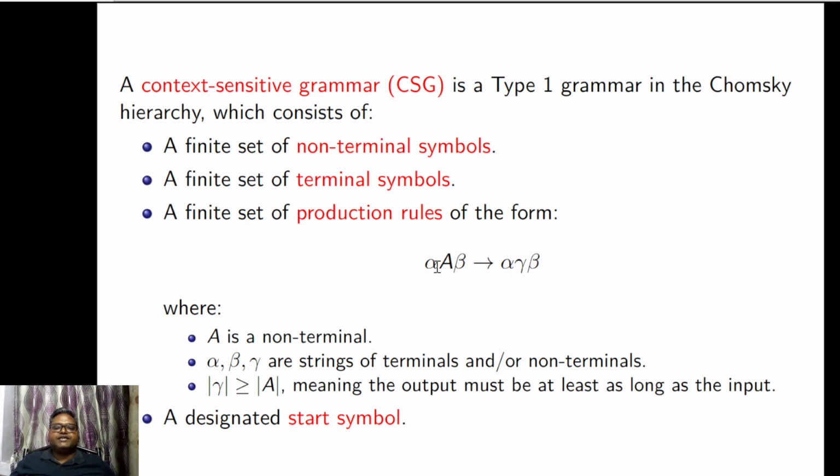That means it is context. If A is individually there, I cannot substitute. So this is called context sensitive, because the substitution of A by gamma depends on the neighbors, on the context alpha and beta.